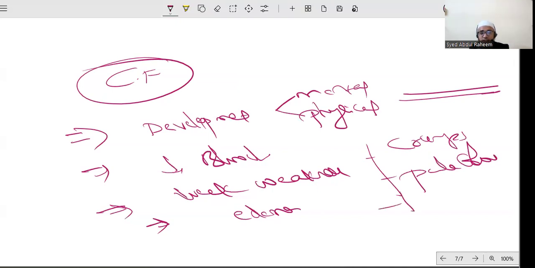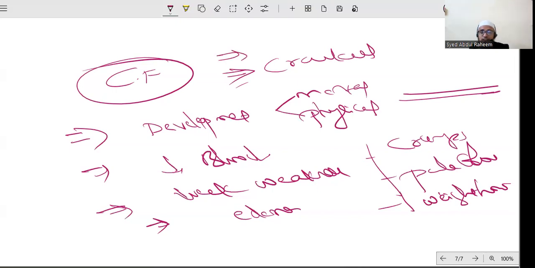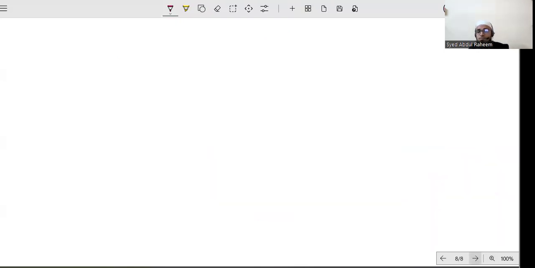Okay, and his weight is decreased, low weight. Okay, and always have cracked skin, dry skin. Her tongue is pale, face and tongue are pale. So all this will be the clinical features of malabsorption syndromes.